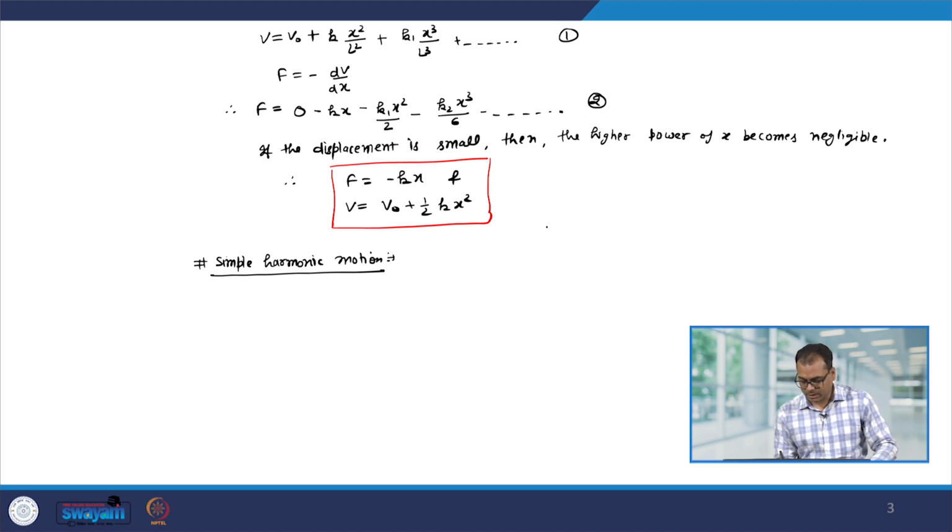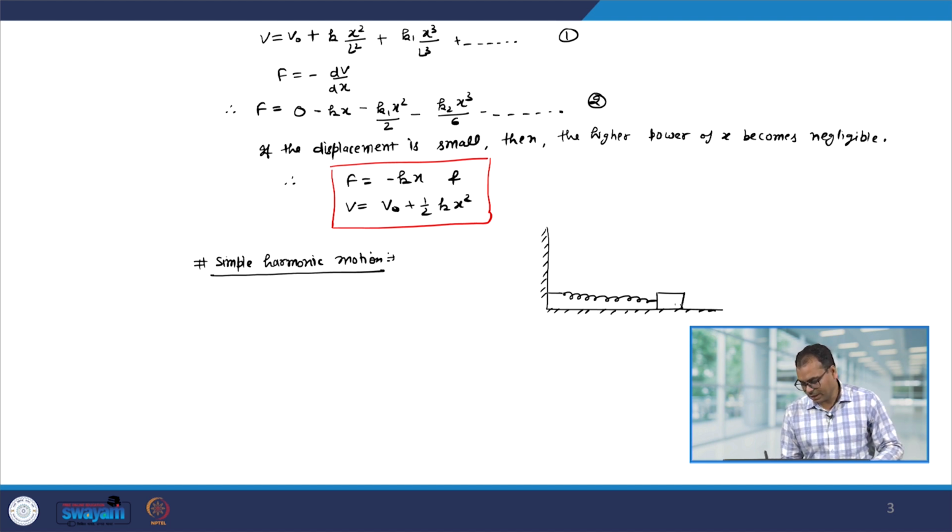Okay. Let us say I have a spring and the spring constant of the spring is k and a mass m is attached to the spring and this spring is stretched by x naught.